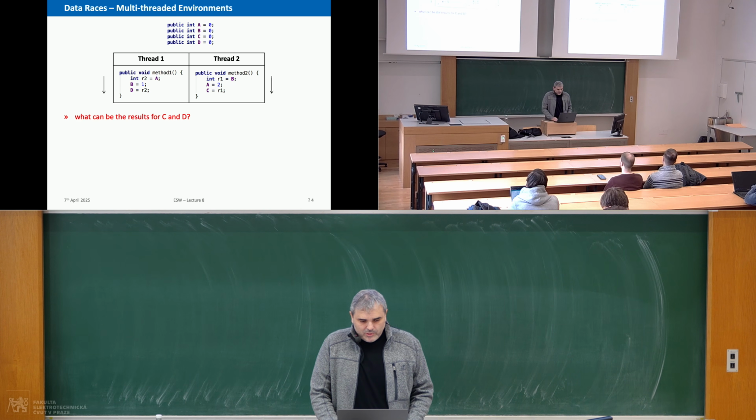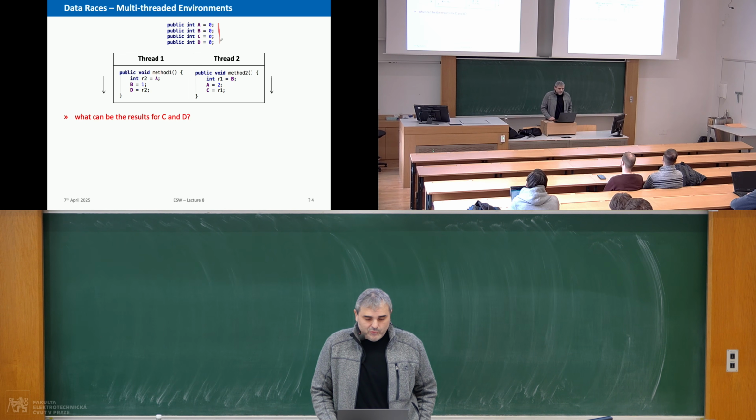So let's start with the data races. First, some initial example. We have 4 variables which are shared across 2 threads, and each thread executes one method, method 1 and method 2.